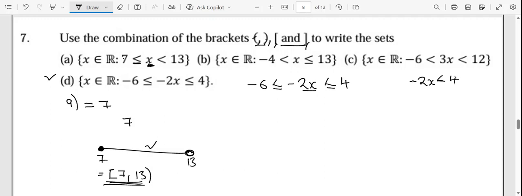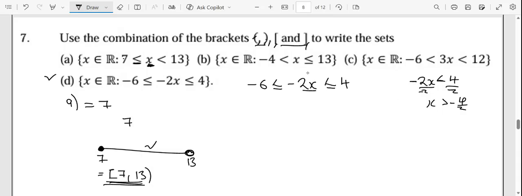The moment I divide throughout by a negative, this has to change the condition. It means the negatives are less than 4, whatever number I put there. So if I divide throughout by negative 2, x needs to look like this. Is that okay?